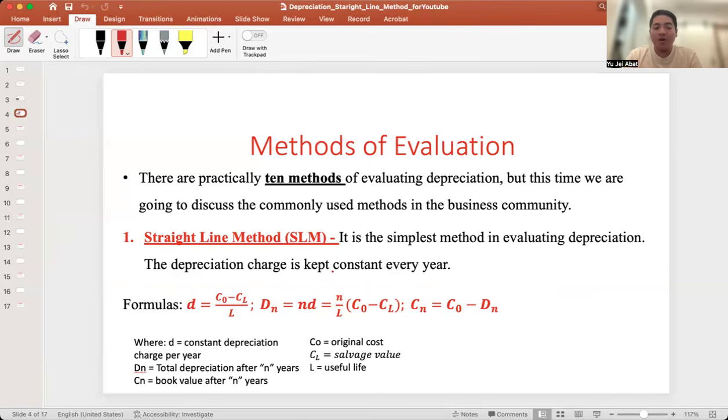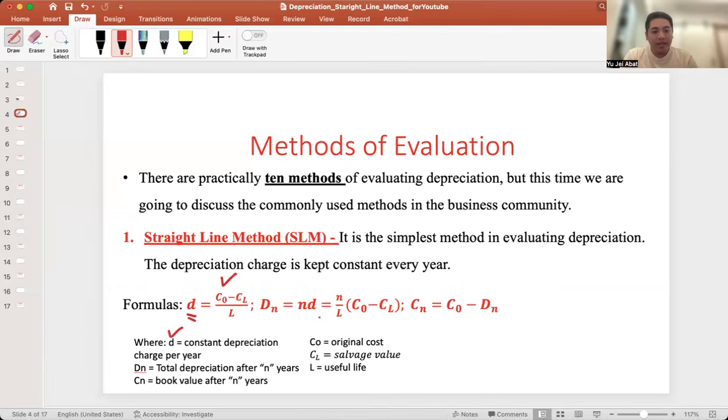Okay, so for our formulas, we have three formulas in the straight line method. We have D equals C sub O minus C sub L all over capital L, where D is what we call the constant depreciation charge per year. So this is the depreciation every year.